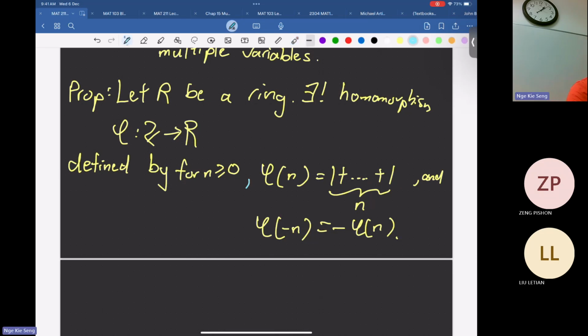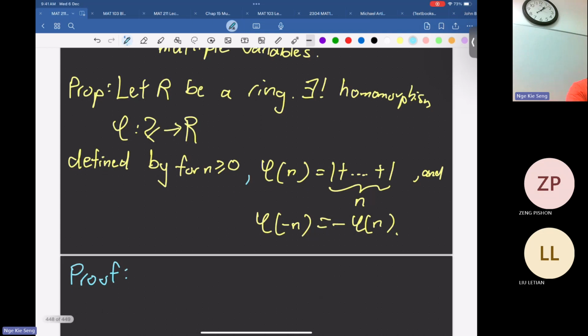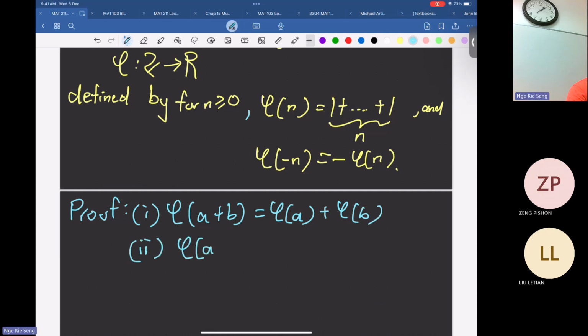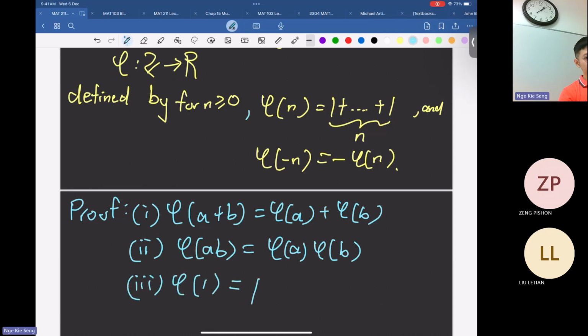We need to prove that this is a ring homomorphism. What are the properties you need to check? φ(a + b) equals φ(a) + φ(b). φ(ab) equals φ(a)φ(b). Third, φ(1) equals 1.